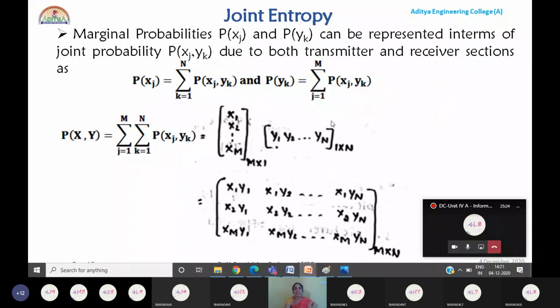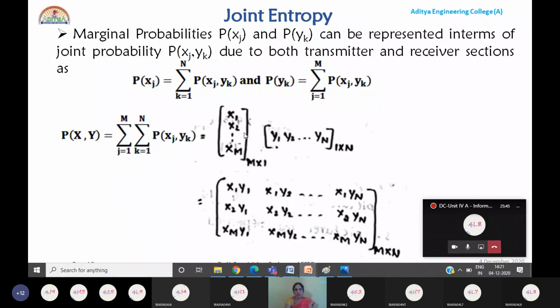And Y is the receiver section, which is a single row vector consisting of n number of columns. Because at the transmitter we have a series to parallel converter and at the receiver we have a parallel to series converter.